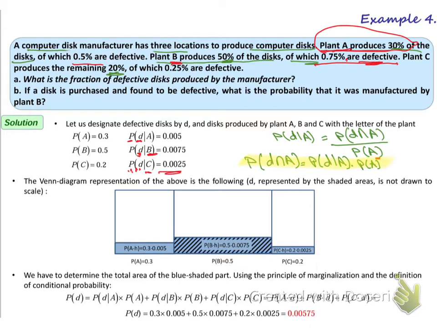So what is the percentage they are producing? Factory A is producing 30%, factory B is producing 50%. Even if he didn't say, we knew that factory C would be producing the remaining, which is 20%.